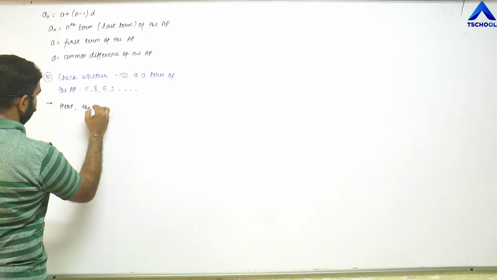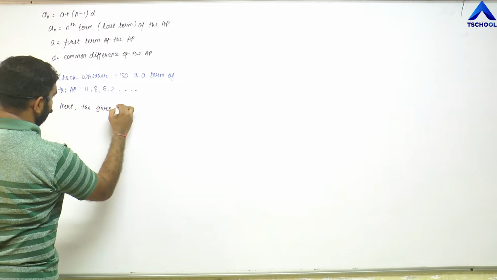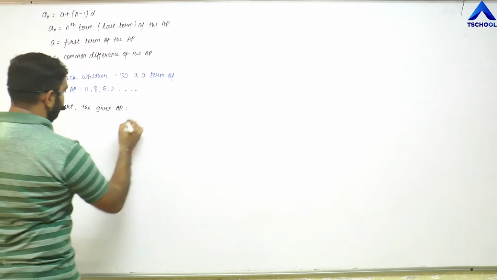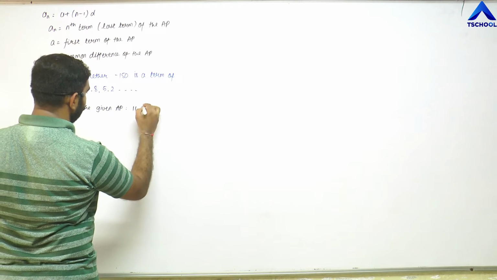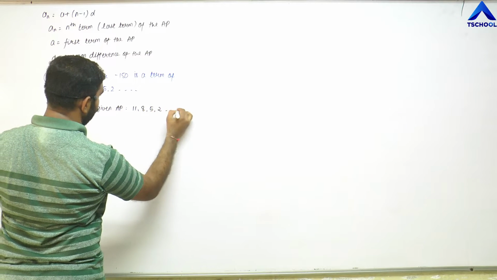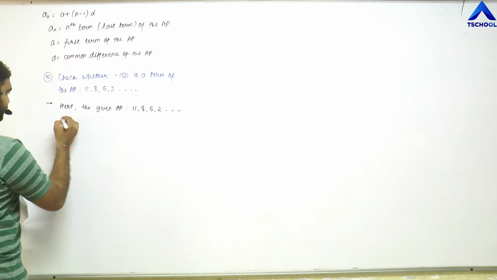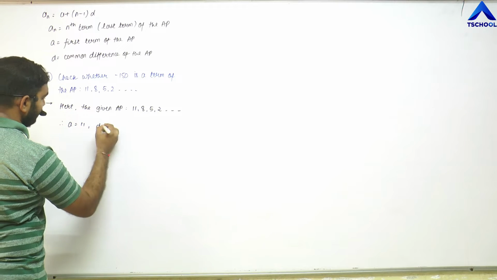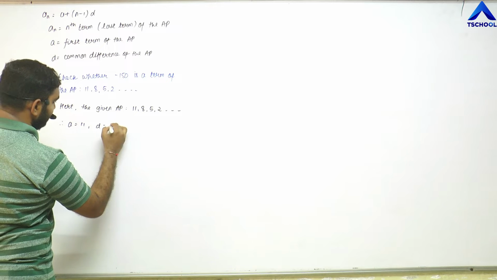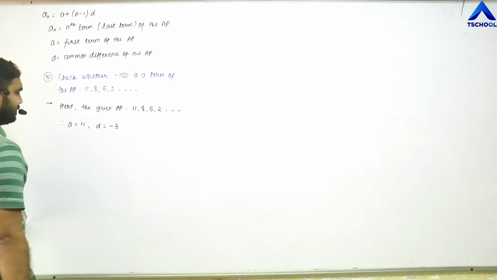The given AP is 11, 8, 5, 2 and so on. From this AP we can get the first term, that is 11. We can get the common difference, that is 8 minus 11, that is minus 3.